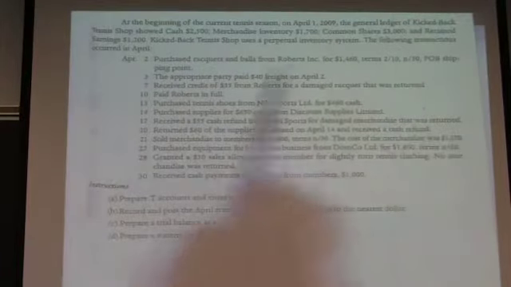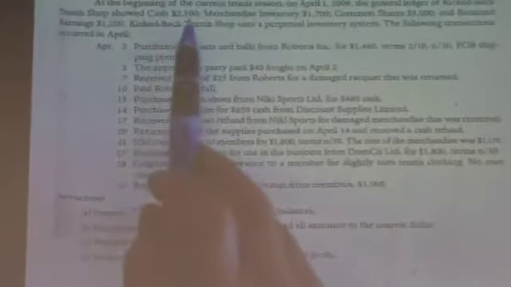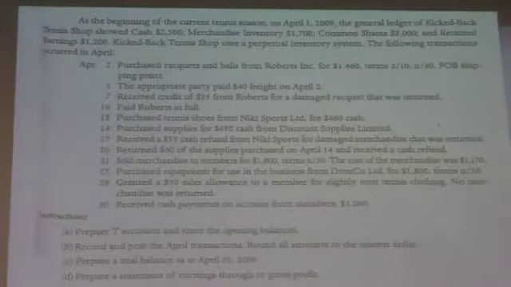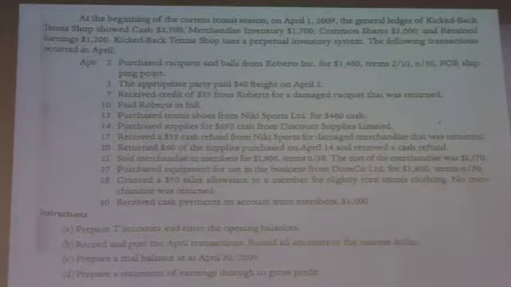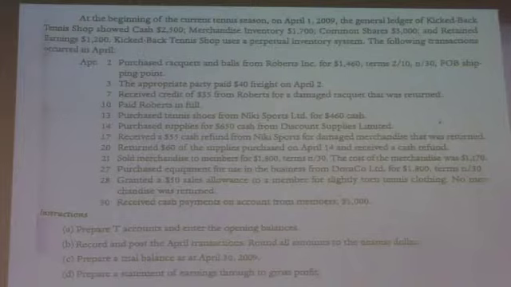This question is about a tennis company, and on April 1st, 2009, the general ledger showed cash of $2,500. They gave us a list of what's in the general ledger or trial balance as of April 1st, 2009.